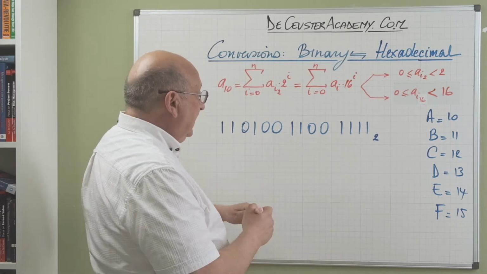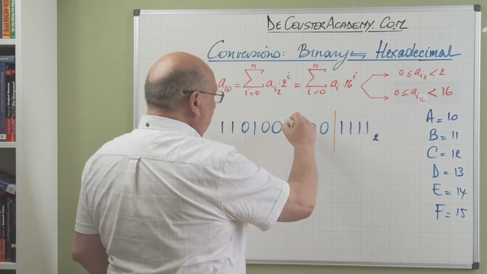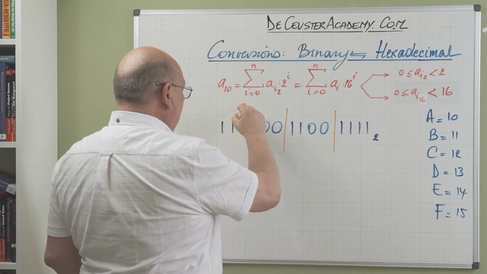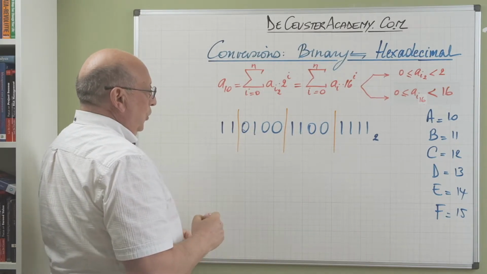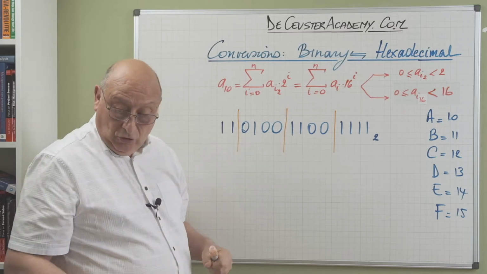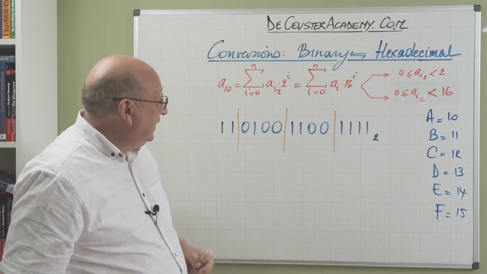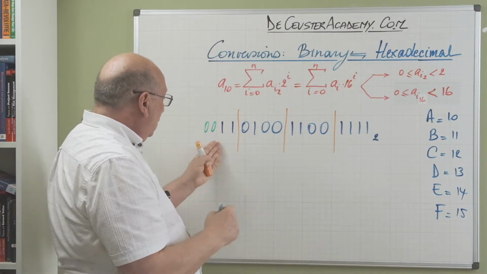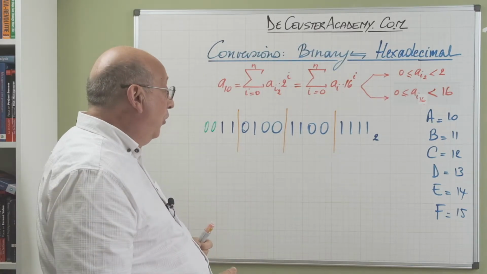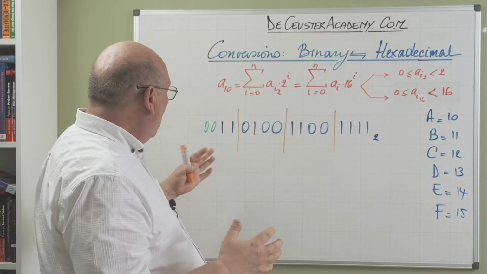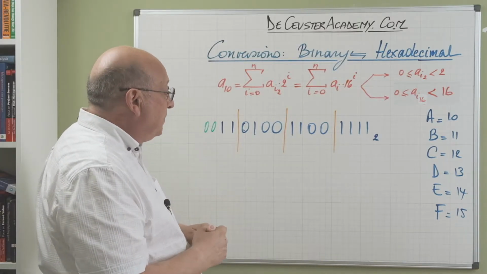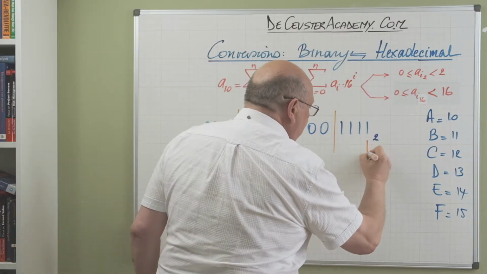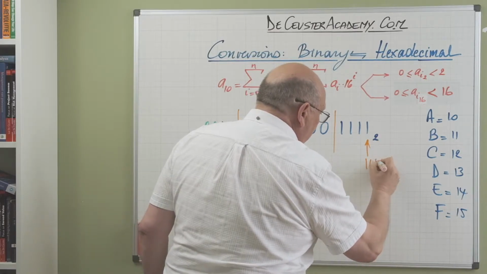We split everything in 4, so we have the first 4, the second, and here again those 4, and we see no zeros here, so I can put 2 zeros here to complete the sequence to have 4 binary digits for each set. So when we look here, we have 16 to the power 0.